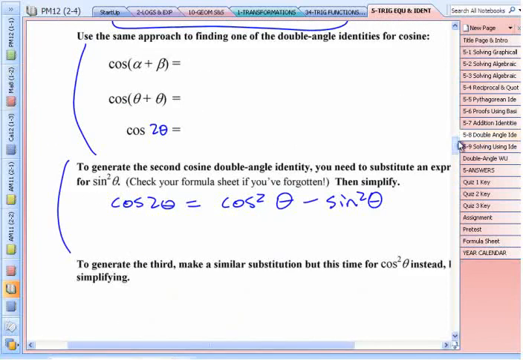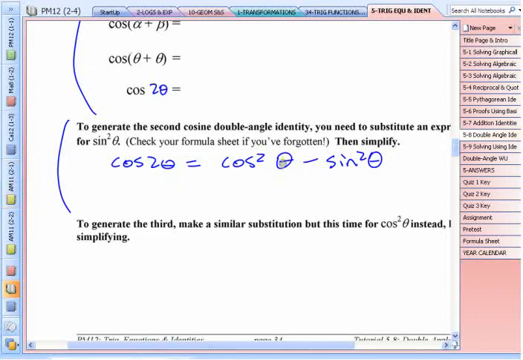Like if you take that one now, but you replace sine squared, following my own directions there. What can I replace sine squared with? What's sine squared the same as? Yeah, 1 minus cos squared, right? You can replace sine squared with 1 minus cos squared, using that Pythagorean identity.